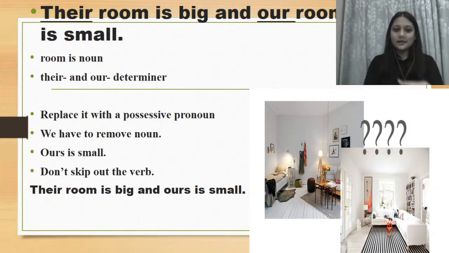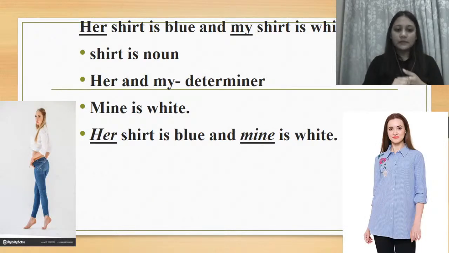Sorted? Clear? Okay, if you are not clear, let's move to the second example. It says her shirt is blue and my shirt is white. Now we have shirt here as the noun, right? So we have to convert this into a pronoun.